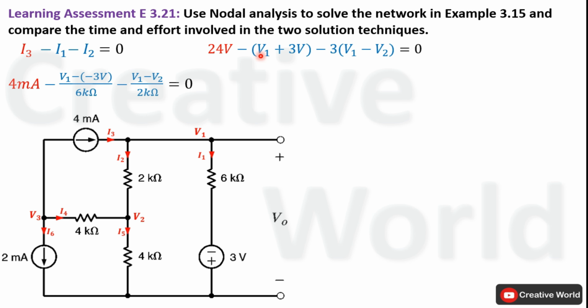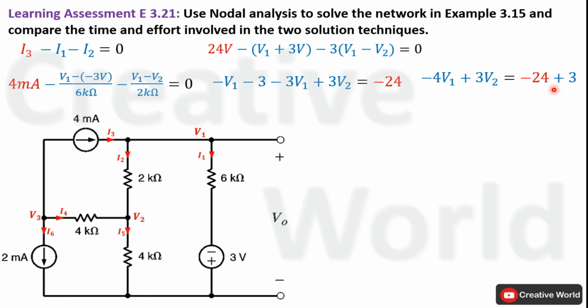Now open these brackets. This minus will multiply the variables inside the brackets and place the constant value on the other side of the equal sign. The equation will become 24 minus V1 minus 3V minus 3V1 plus 3V2 equal to 0, which gives minus V1 minus 3V1 plus 3V2 equal to minus 24 plus 3. Adding like terms, the equation will become minus 4V1 plus 3V2 equal to minus 24 plus 3.